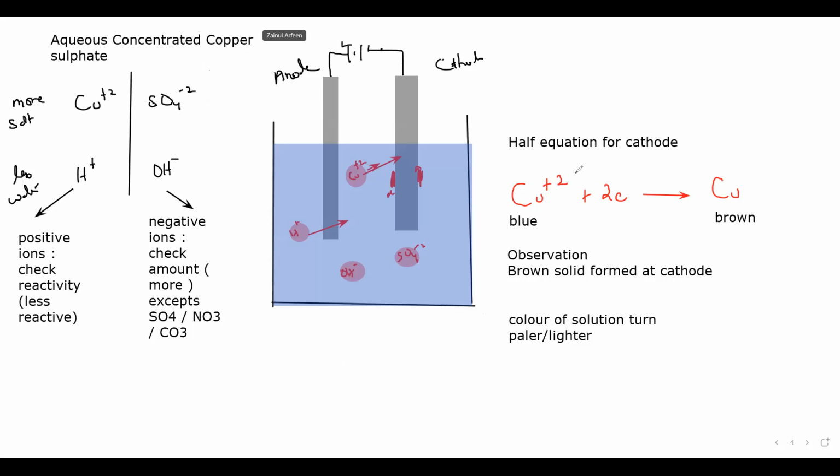So brown solid is deposited at cathode. That brown solid is actually copper metal. And the second observation is that the color of the solution will get lighter. Is it clear till this point? The half equation for cathode and observation.